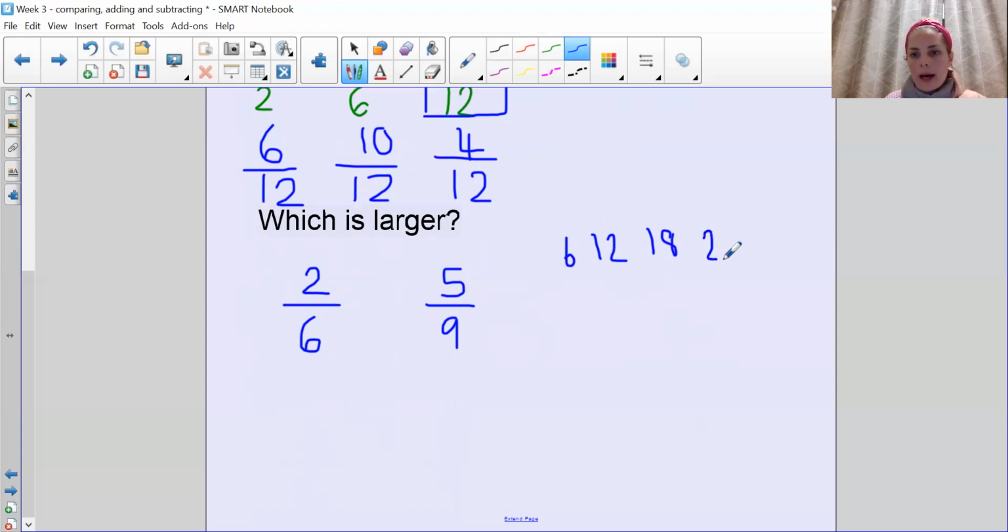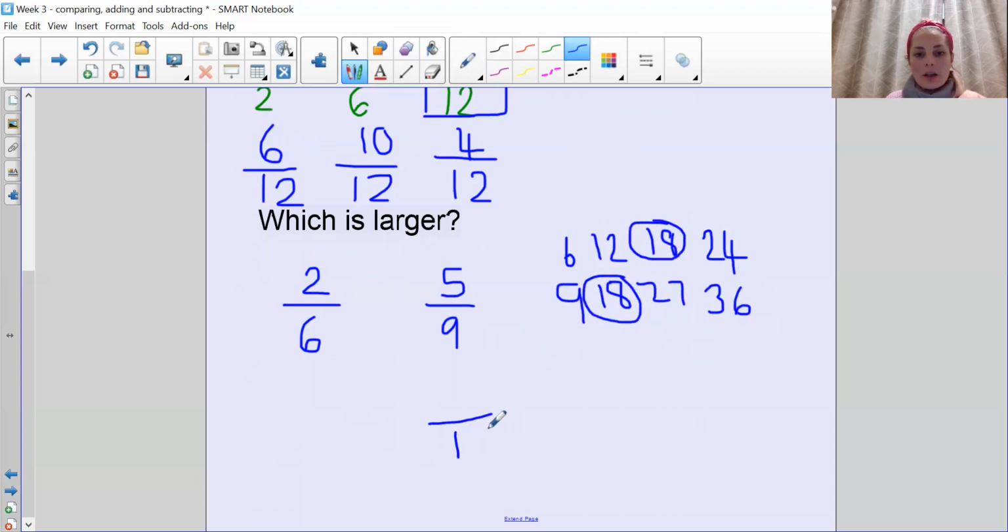We're going to do 4. And so you're just counting in that number, and I'm going to go 9, 18, 27, 36. Right, which number appears in both these lines? 18. So both 6 and 9 can go into 18.